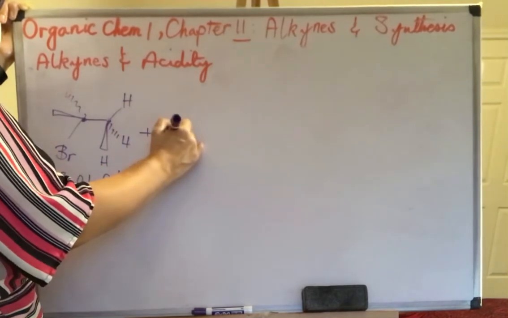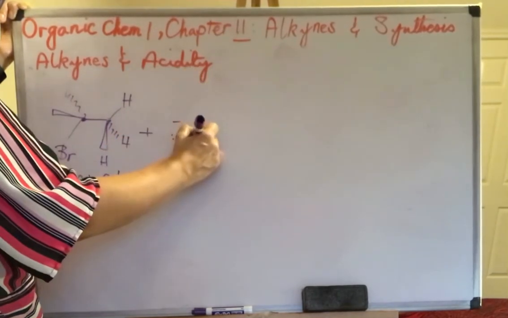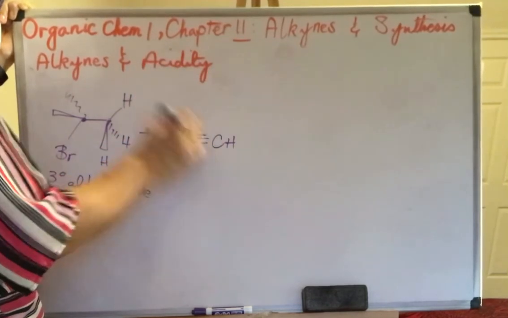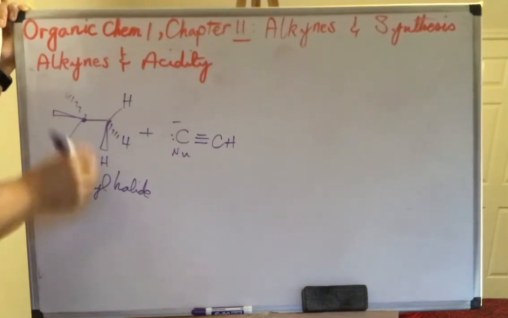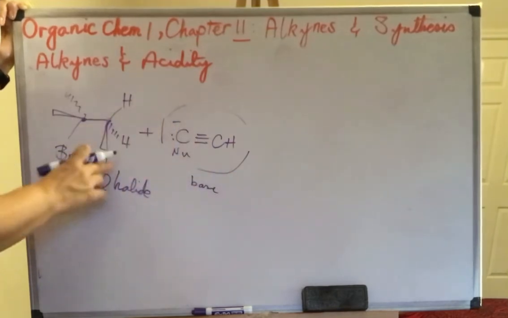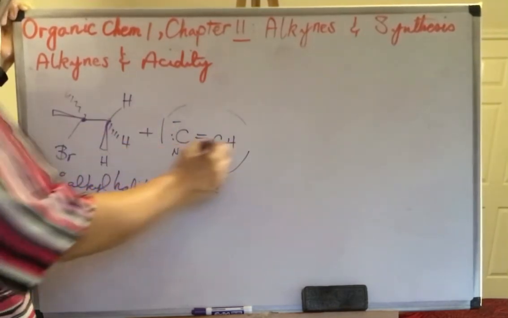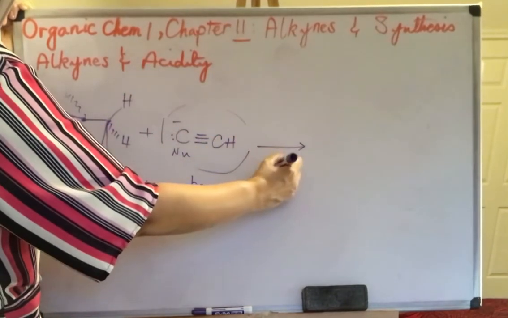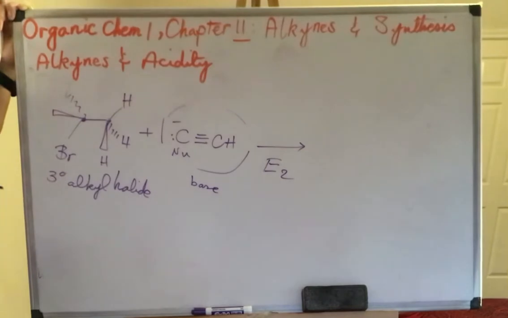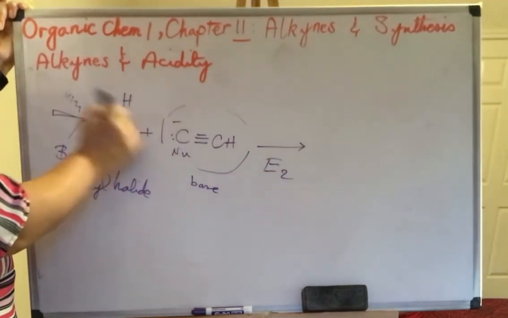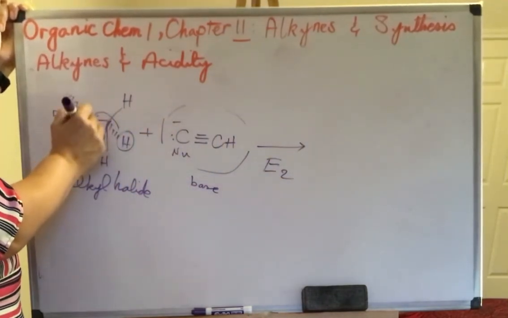Suppose that we have added the alkyne to a base. Now, this is going to be our nucleophile. So what happens? Then this is going to act as a base. You remember, if we don't have a primary alkyl halide, then instead of SN2 we have E2. So be careful. That's why we emphasize having a primary alkyl halide. So what happens is that it grabs one of these hydrogens, the electrons remain, and bromine leaves.